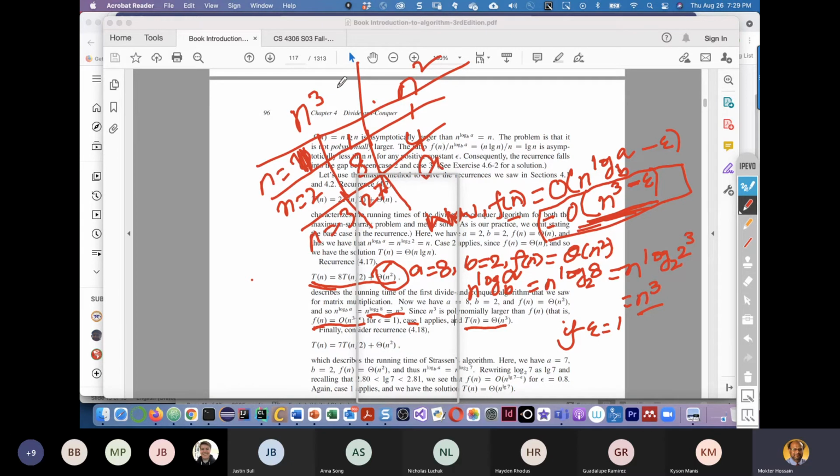So always this part is dominant, right? n cubed is always greater than n squared. So it does not fall into any gap, but it falls into case 1. So the running time will be theta of n cubed, not theta of n squared.